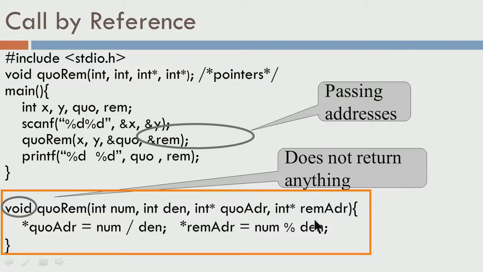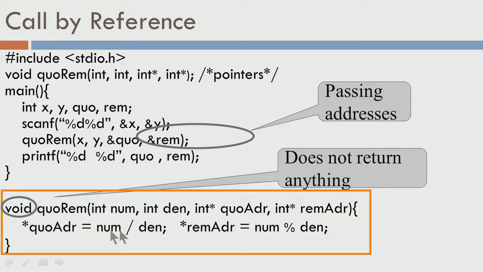But now you have the addresses of quotient and REM, right. Now, if I do num by den, you do integer division, the value gets truncated, but I can assign it to a memory location. In this case, I assign it to the location pointed to by QUO ADR, and num percentage den gives the remainder, which is computed and stored in the location addressed by REM ADR.